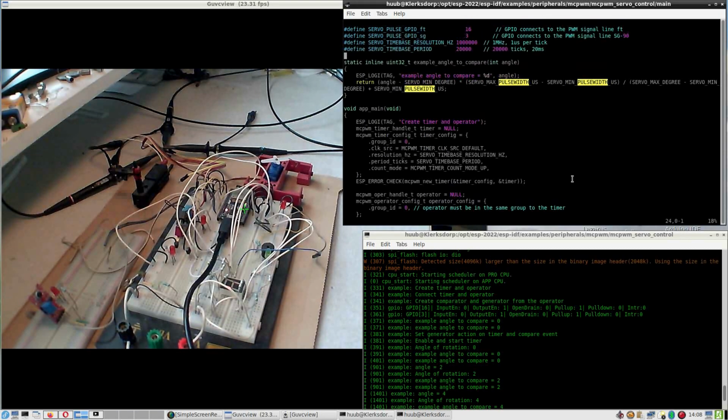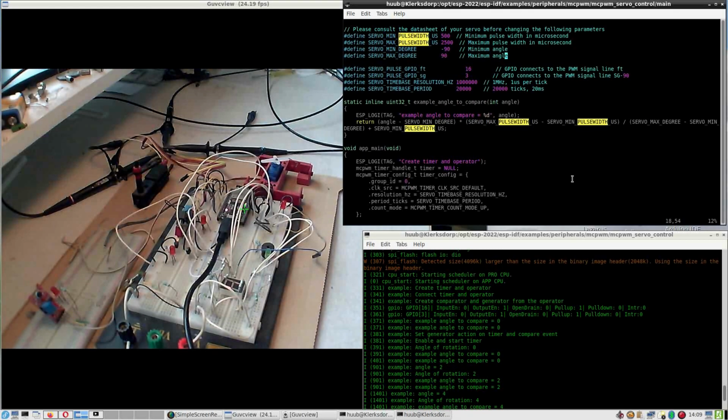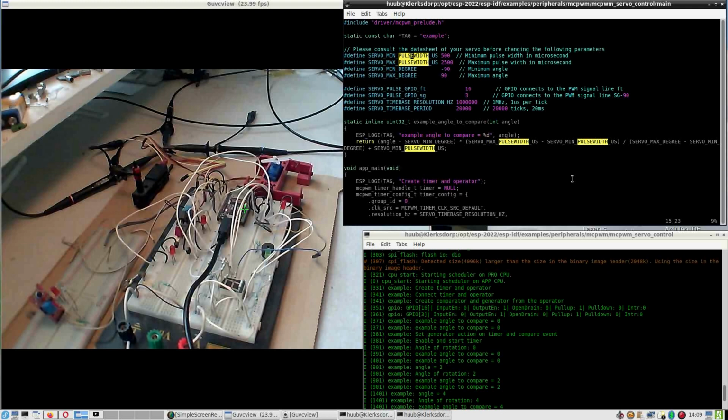First, it defines a few constants: minimum pulse width, maximum pulse width, minimum degree, maximum degree, GPIO port. Very nice to have, because otherwise the ESP32 doesn't do anything. Resolution, period. And I do think that this period does the trick.